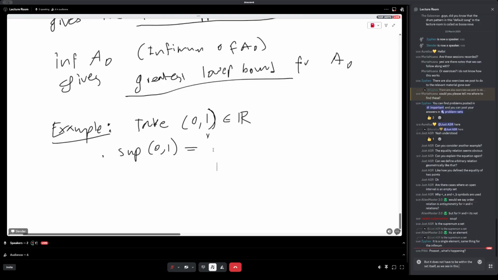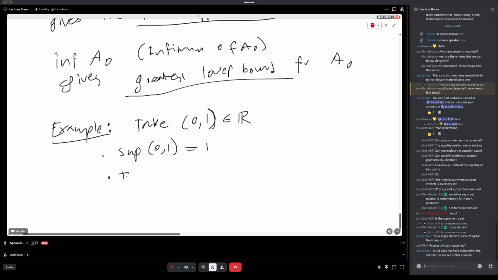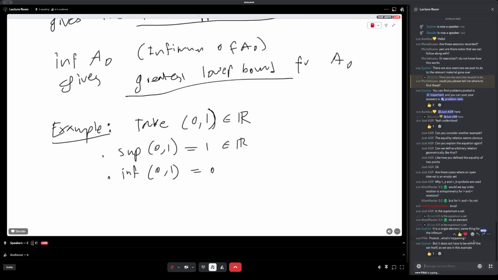So the supremum is 1, and the infimum is 0. It doesn't necessarily have to be in the set itself.